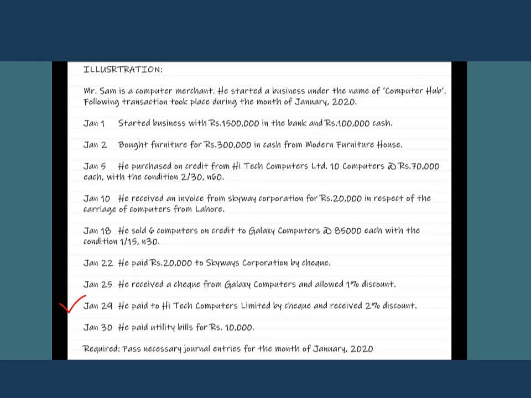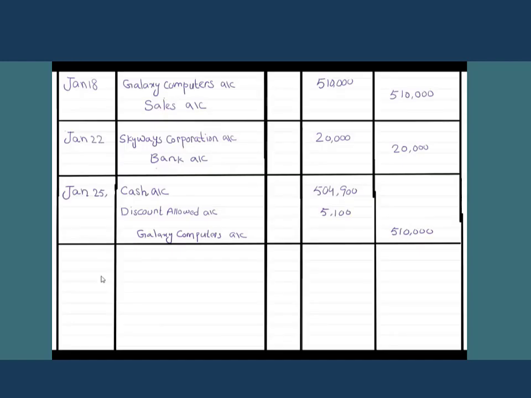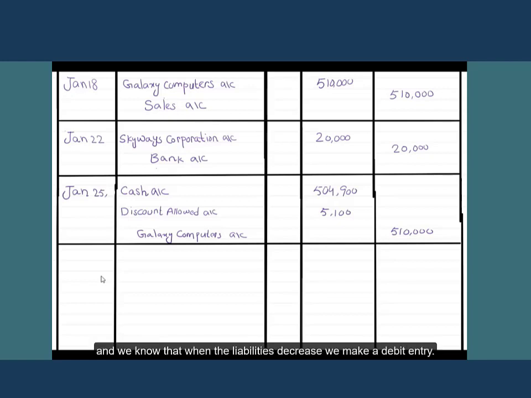On January 29, Mr. Sam paid to High-Tech Computers Limited by check and received 2% discount. Now, payment made by Mr. Sam to High-Tech Computers Limited decreases the liability of the business unit, and we know that when liabilities decrease we make a debit entry.